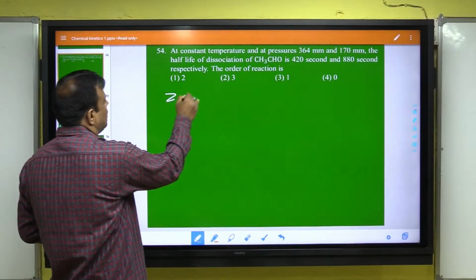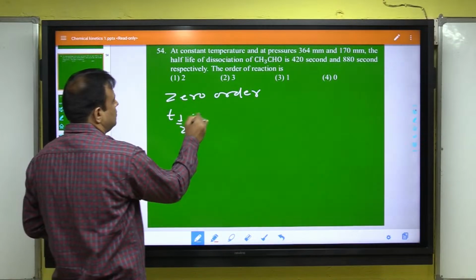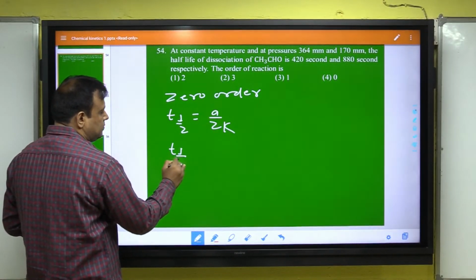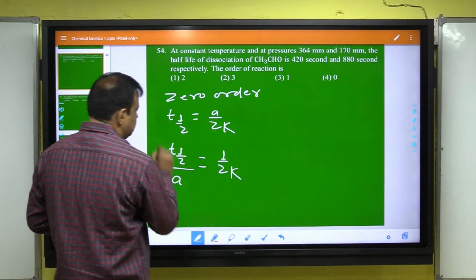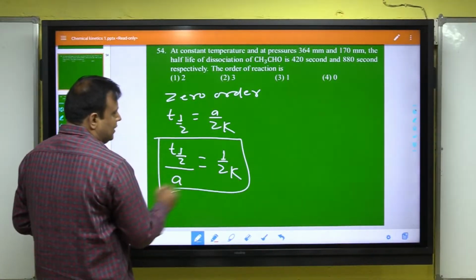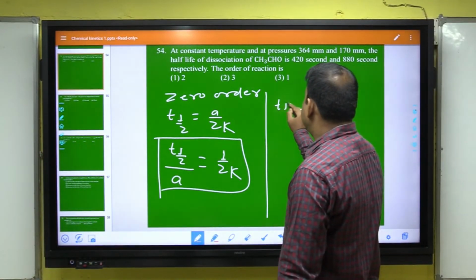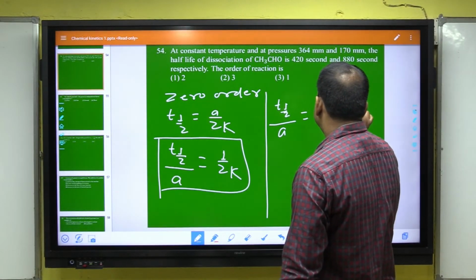Listen, zero order half life A by 2K, half life by A is equal to 1 by 2K. Clear? That is, in zero order, half life by A is equal to constant.